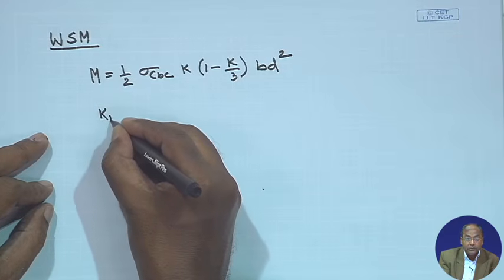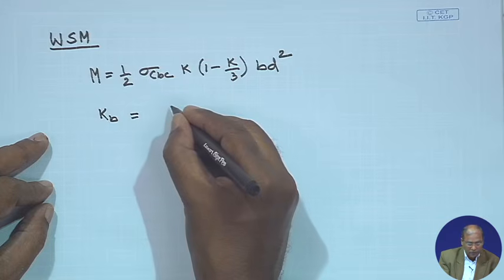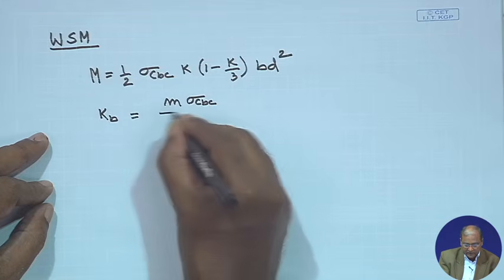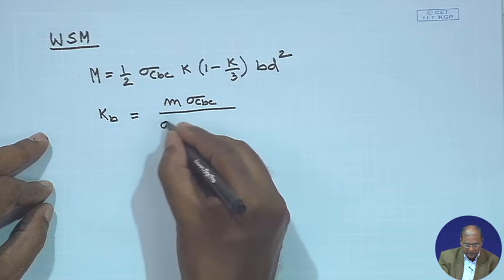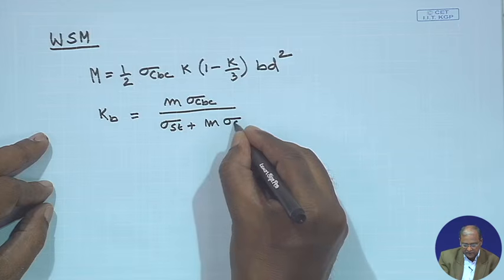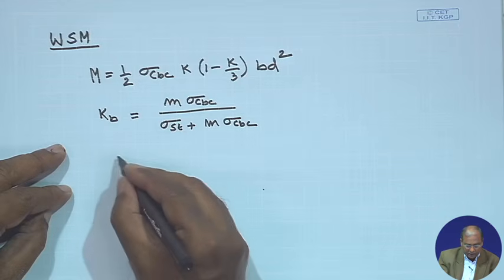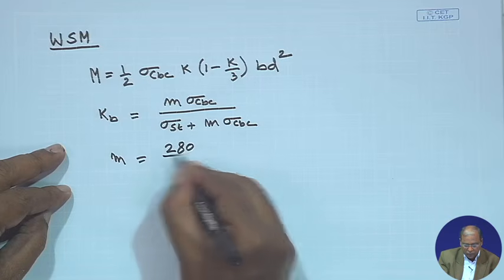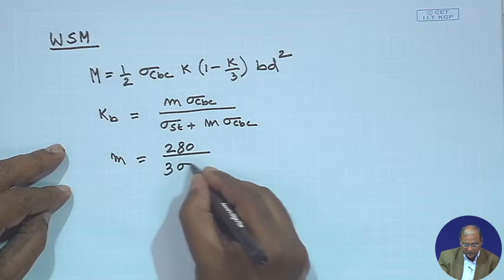Further, I can write down kB equal to m sigma CBC by sigma ST plus m sigma CBC, where m equal to 280 by 3 sigma CBC.